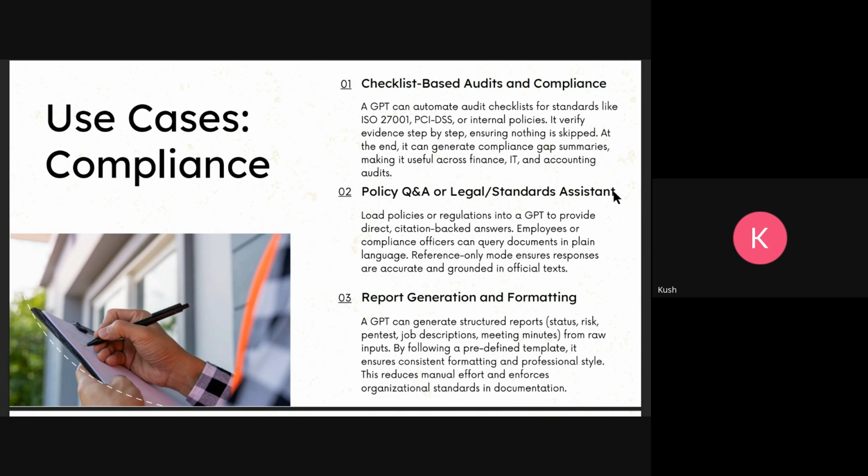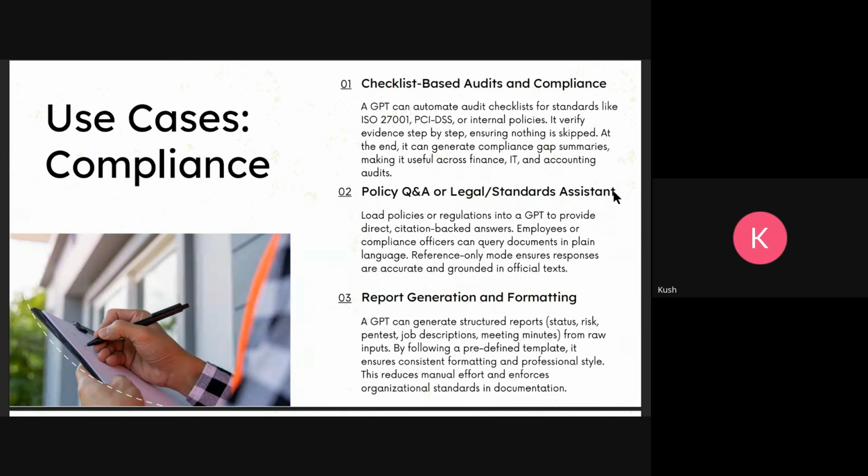We don't have to go through every circular or search for all of the circulars. We can simply give the reference to that website in the instructions, and it will follow those instructions and get it done for us. I personally feel that having a legal or standard assistant is very helpful for us.